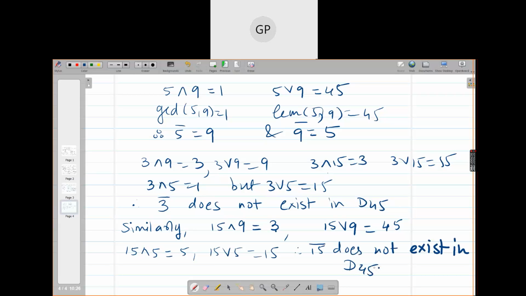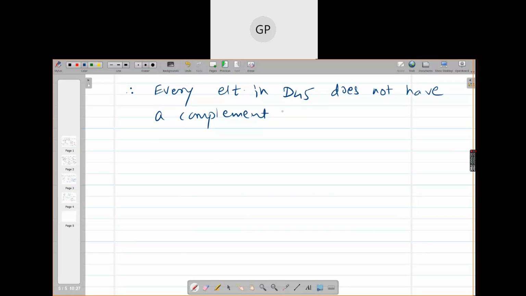Okay, this is how you can find the complements. And therefore, what can you say? Every element in D45 does not have a complement in D45.